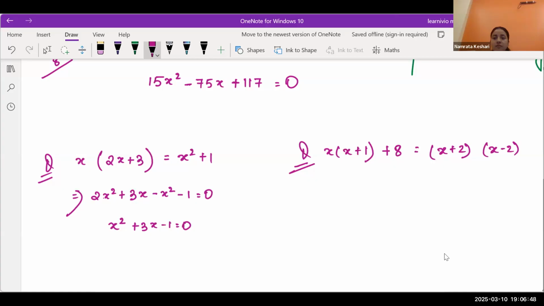No. Okay, it's not. Let's check it. So this will be x square. Then x multiplied with 1 will be plus x, right, Rayyan?